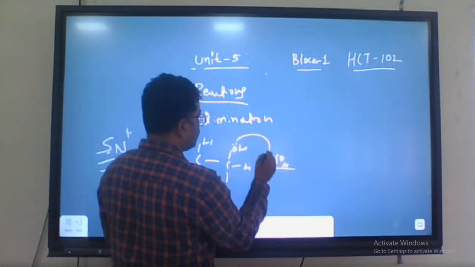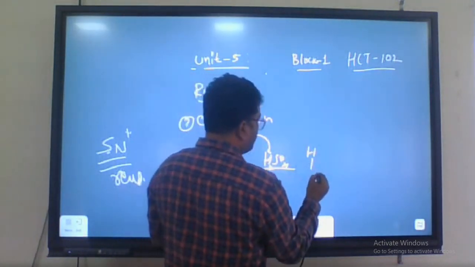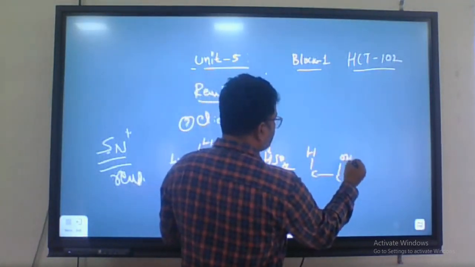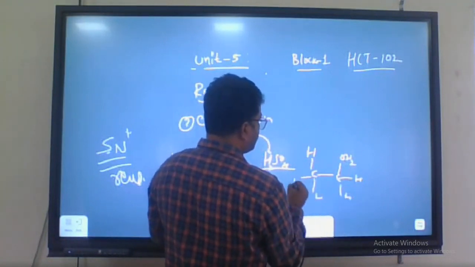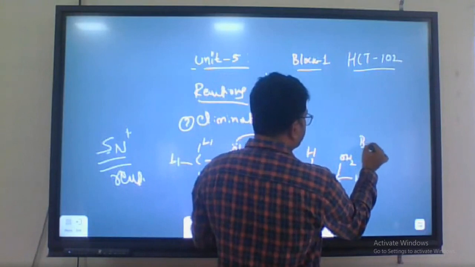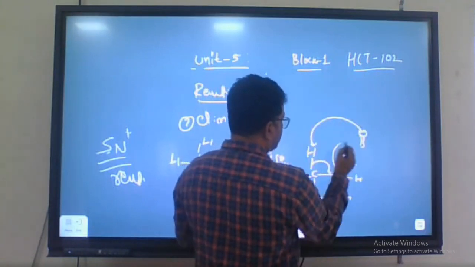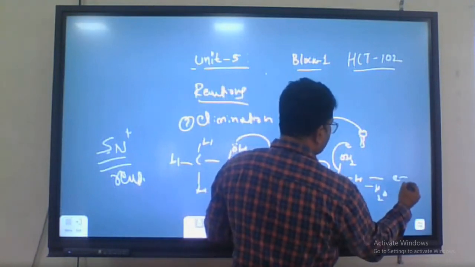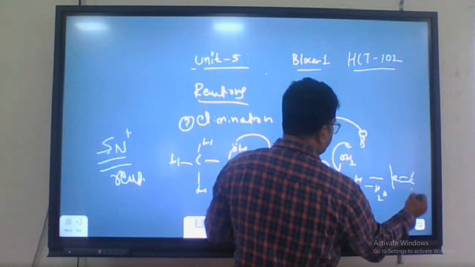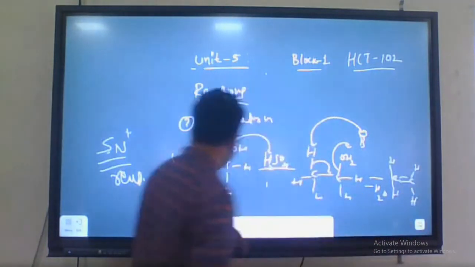It will take a proton from the alcohol, and in the next step, in the presence of base, it takes this proton and eliminates this water. Forms what?